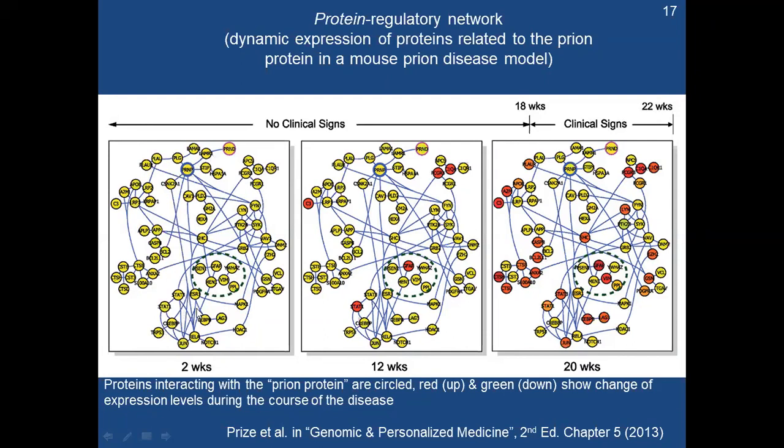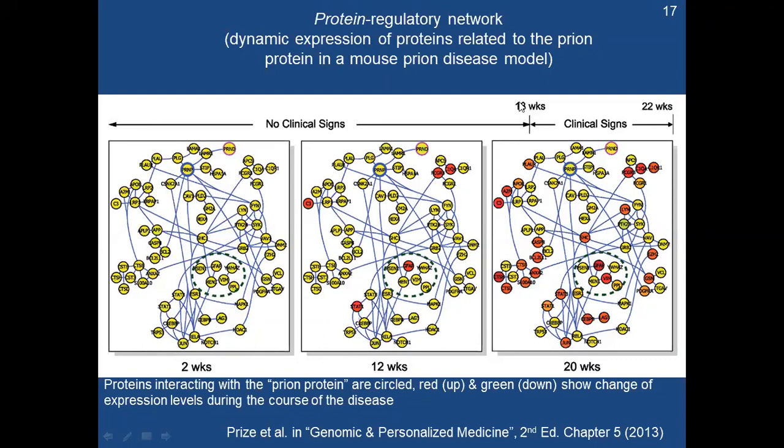And we are checking the levels of the expression of these proteins over time. We are looking at the level of the proteins 2 weeks after birth in mouse, 12 weeks and 20 weeks.